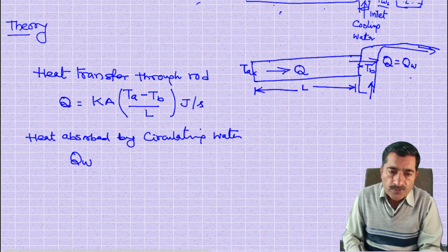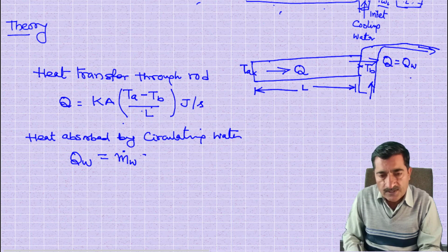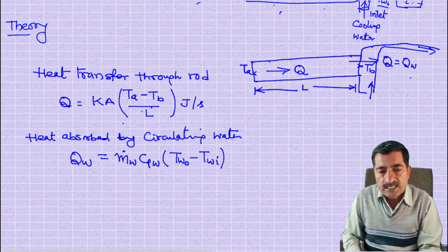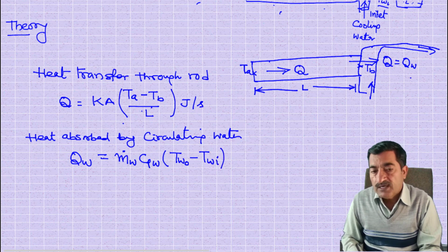So QW equals the mass flow rate of water into the specific heat of water into the outlet temperature of cooling water minus the inlet temperature of cooling water. This is the heat absorbed by the circulating water.